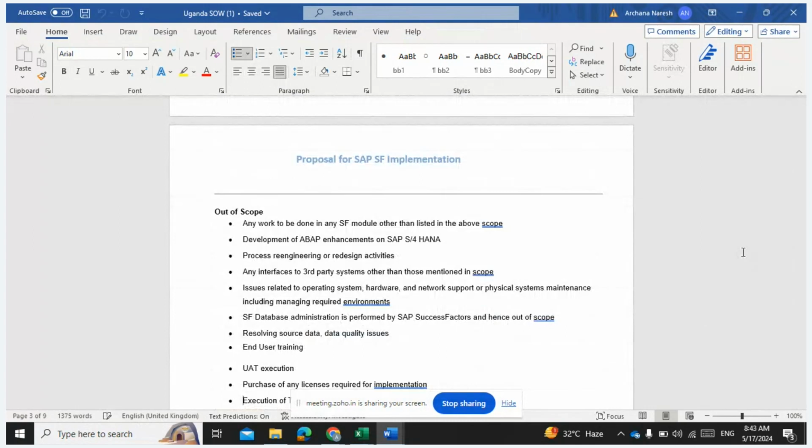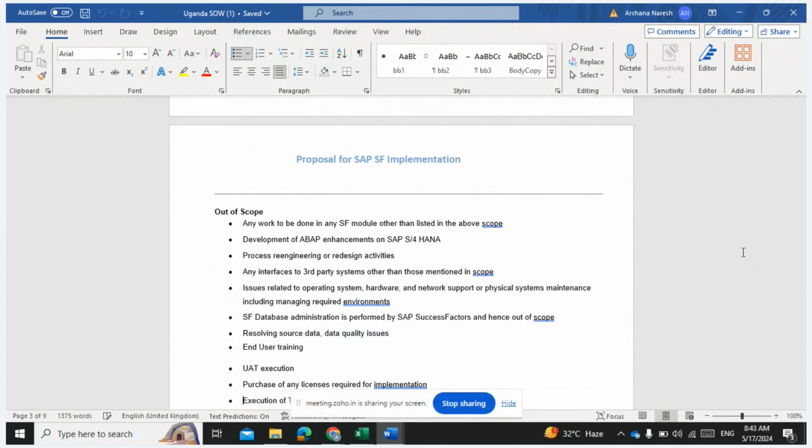Issues related to operating systems, hardware or network support, or physical system maintenance, including managing required environments, are not our scope. SF database administration is performed by SAP SuccessFactors, and hence is out of scope. Resolving data sources or data quality issues is out of scope. End user training is out of scope. UAT execution is out of scope.